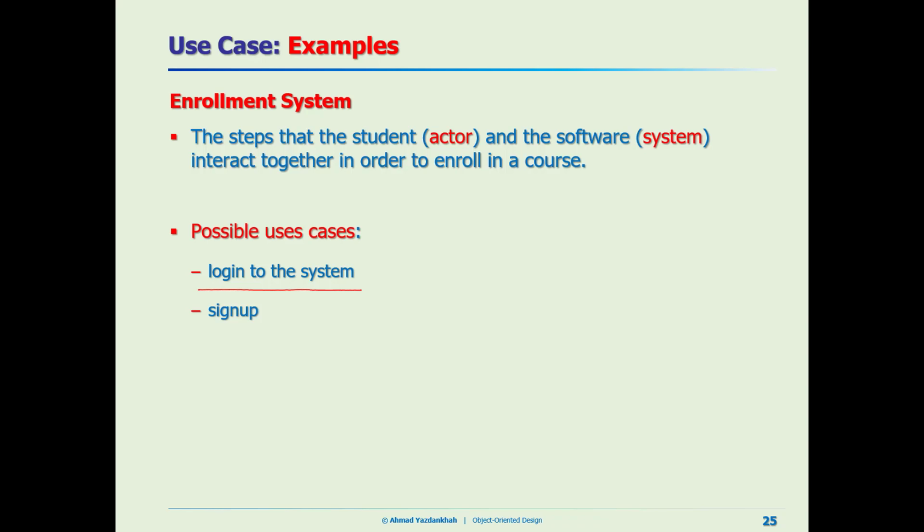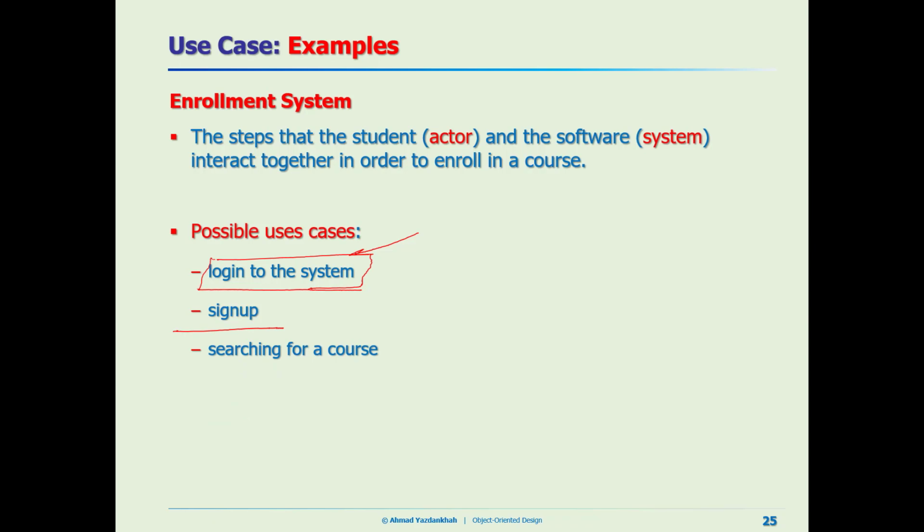So you need to describe step by step what would happen between the user and the system when this login to system is going to be run, right? How about the sign up? If user does not have username and password and wants to sign up, then what should this user do? You need to describe every one of these step by step.